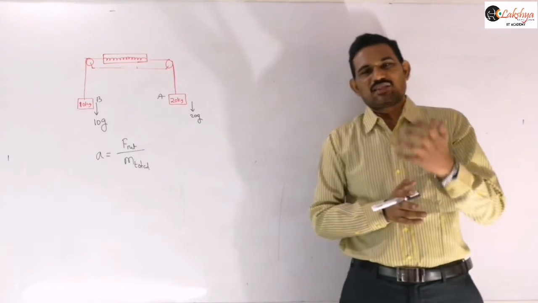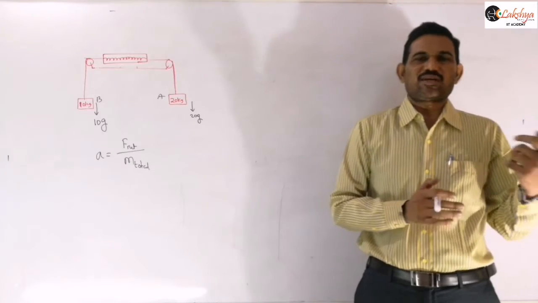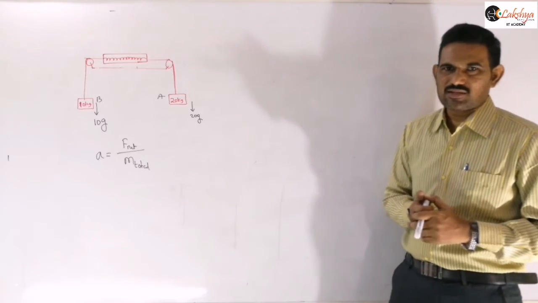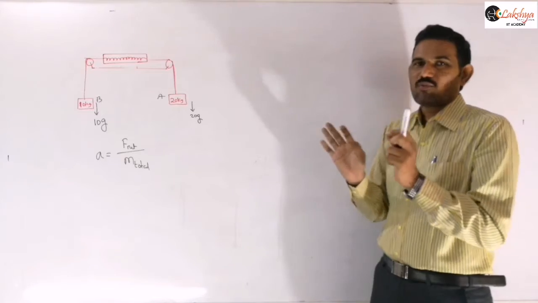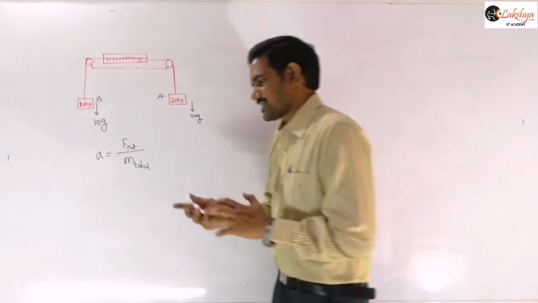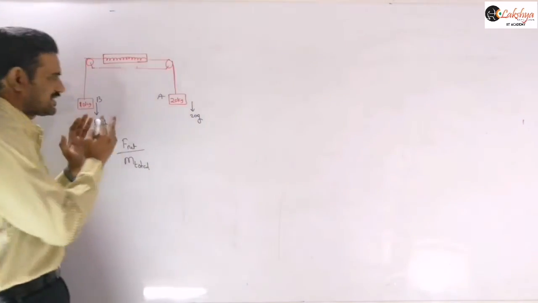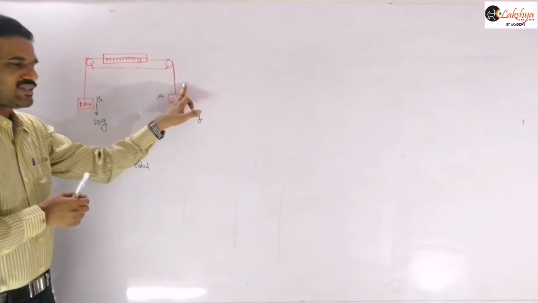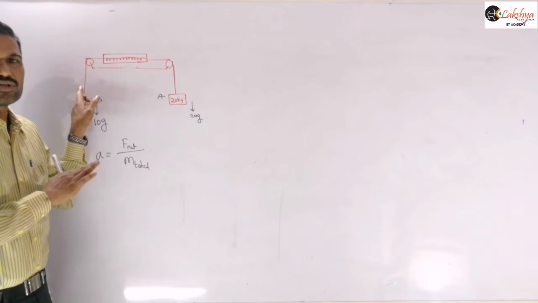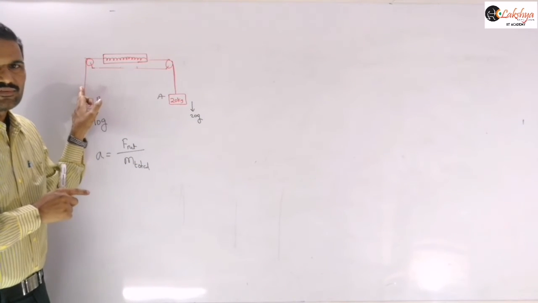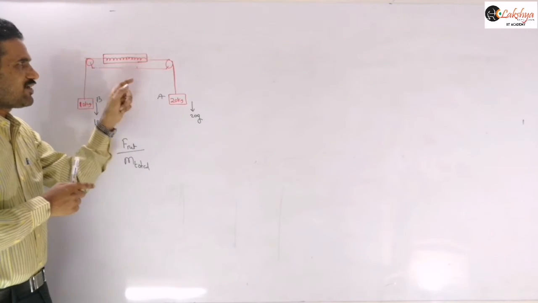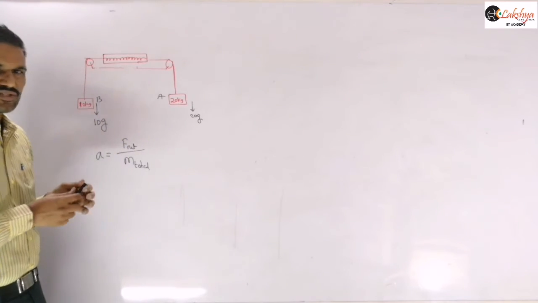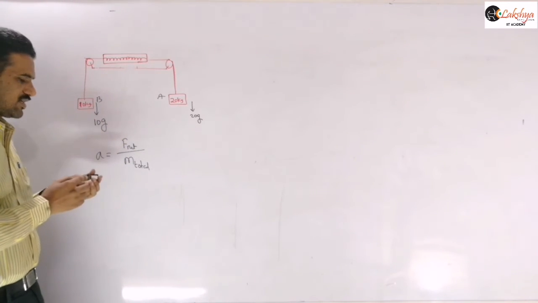That means, as in our previous three blocks problem, the tension on this side and the tension on that side are not different in this case. It is an important thing you should note here, even though this is one string and this is another string, both are different strings.